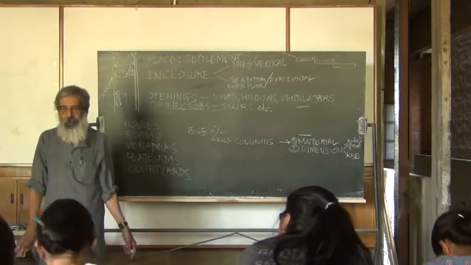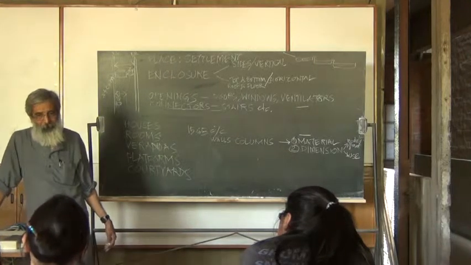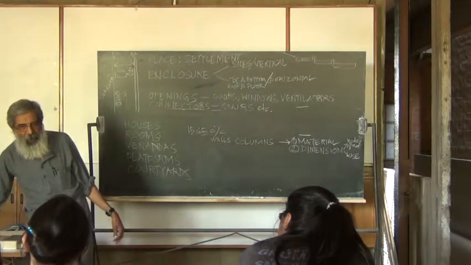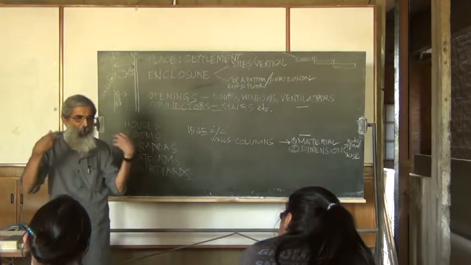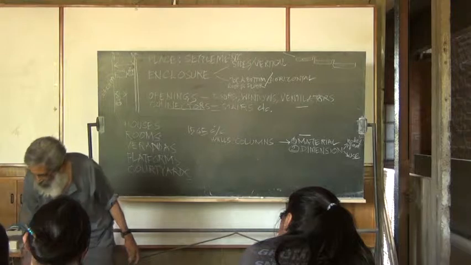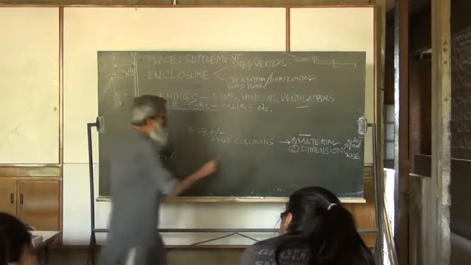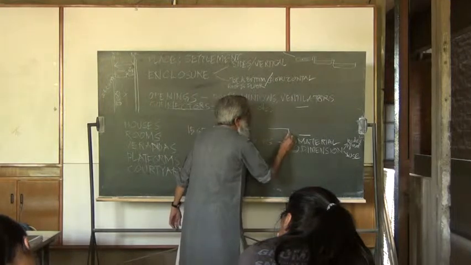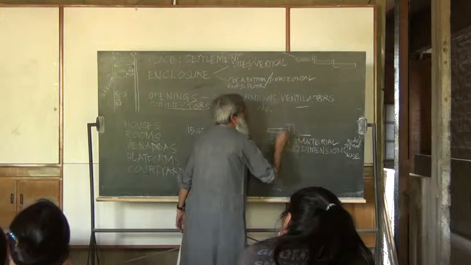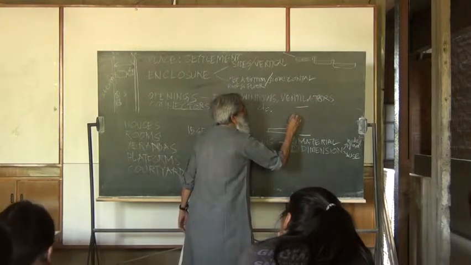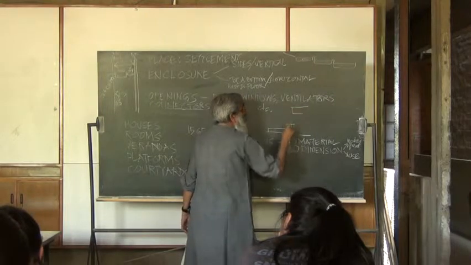Suppose it's an office, then I might put a table against the window. Sill level has to be either the same or higher. But if I am putting a bed, I want breeze on my body, then maybe the bed height. So there is bed height, there is table height, there is lintel height, there is clear height.